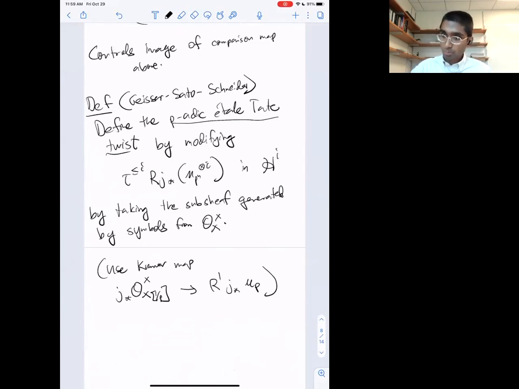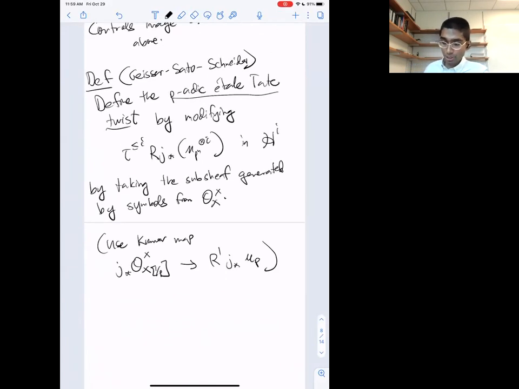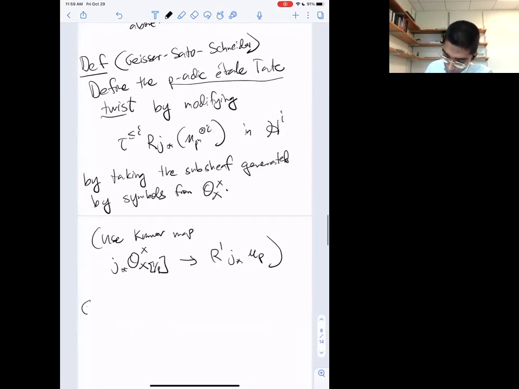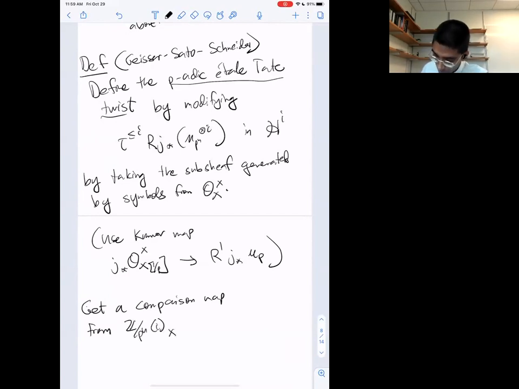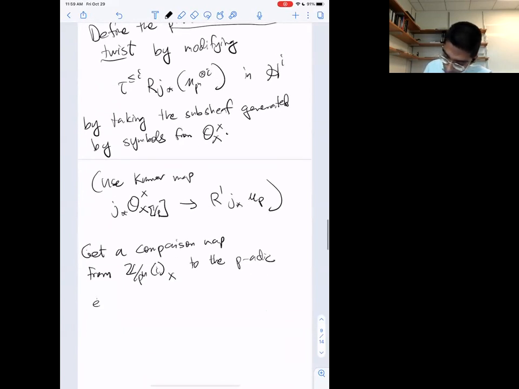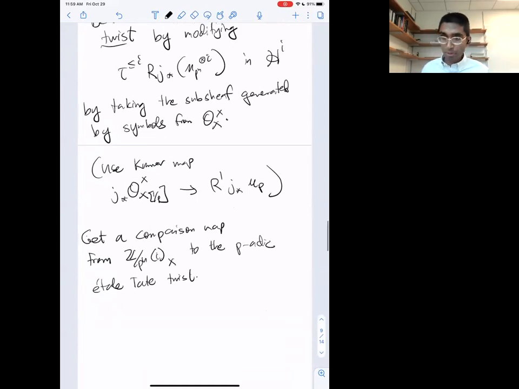Okay, and so basically the phenomenon is that you get a comparison map, by the above, which goes from Z/p^n twisted by i on X to the appropriate p-adic etale Tate twist with weight i and mod p^n.